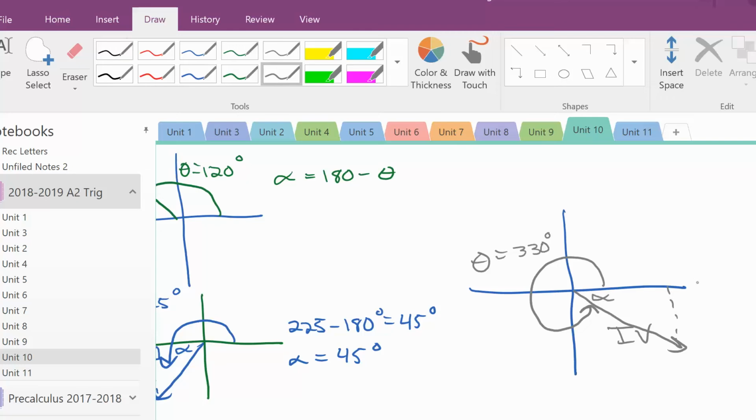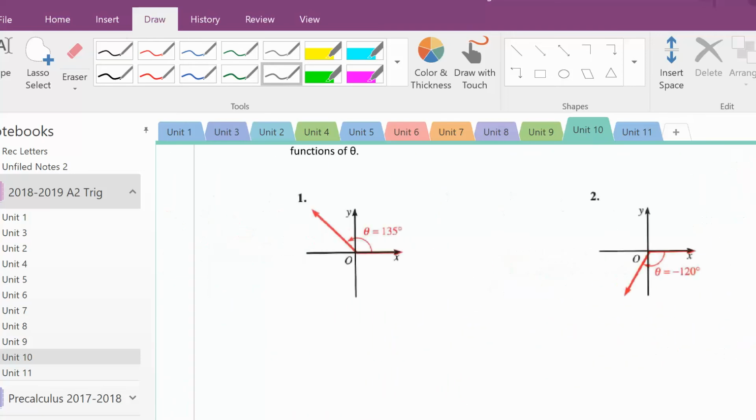So what we would do, since this is 360, to find alpha, the reference angle, is 360 minus theta. So in this case, it'd be 360 minus 330, which equals 30. So that's how you find the reference angles in the different quadrants.